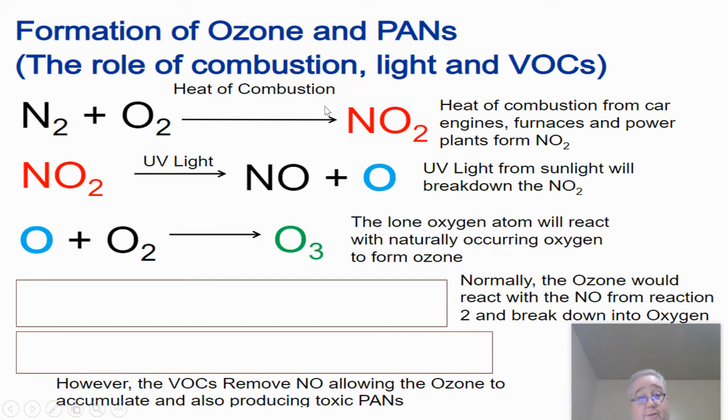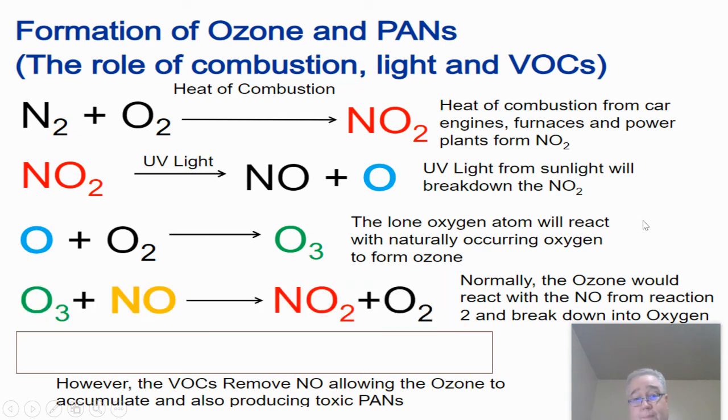Of course, the more automobiles there are, the more this is going to happen. If you live in a rural area where there's not a lot of cars, then this probably is going to be very limited. But if you live in an urban area, this will probably be maximized. Now, eventually at nighttime, that ozone is going to react with nitrogen monoxide that was formed during the day.